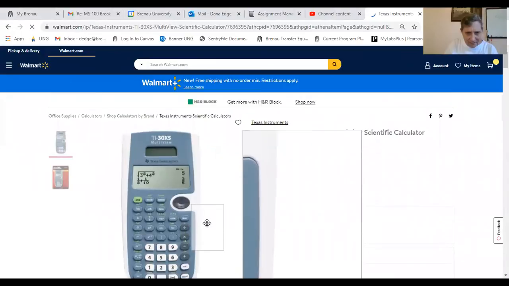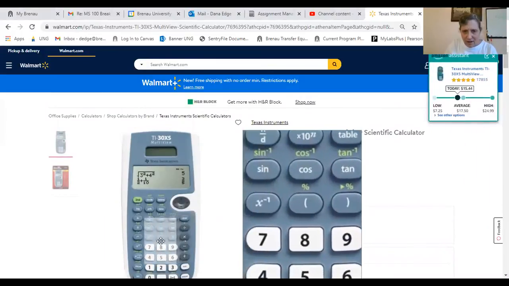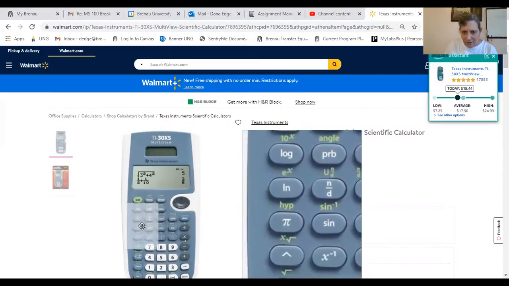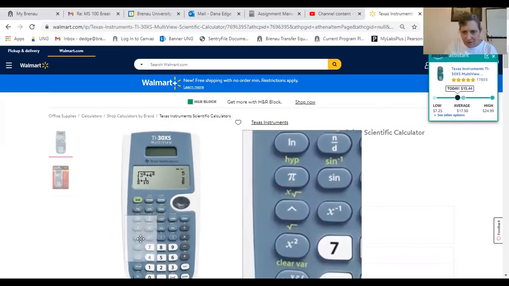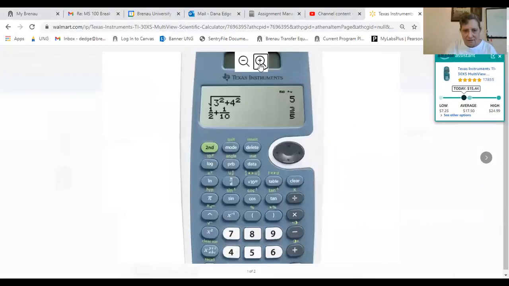This calculator, I'm looking for a button for doing exponents. Here we go. Okay, this calculator happens to be the Multiview TI.